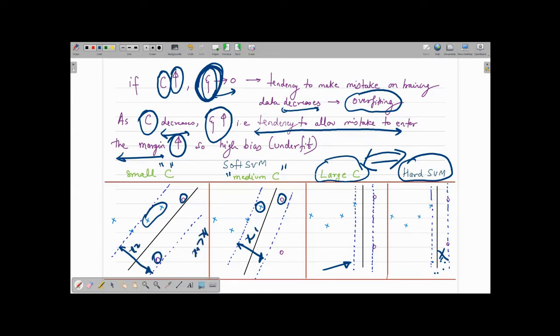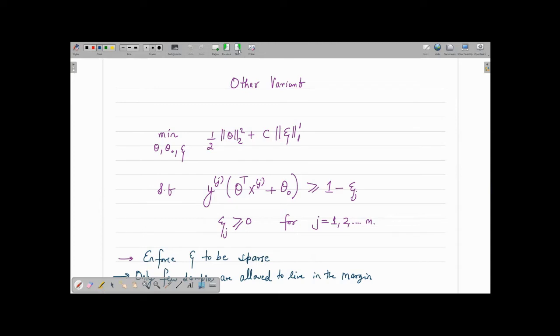As you increase zeta, your margin is also changing. So this is the pictorial representation showing the soft SVM variations: small C, medium C, and large C, and how large C converges to hard SVM. This is basically another variant of your soft SVM. In the earlier case, I used the L2 norm here.